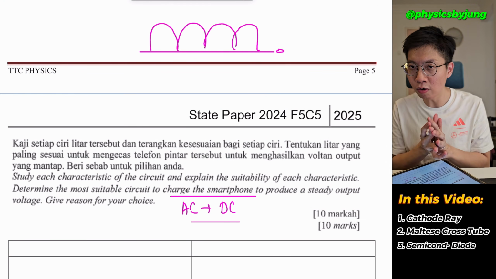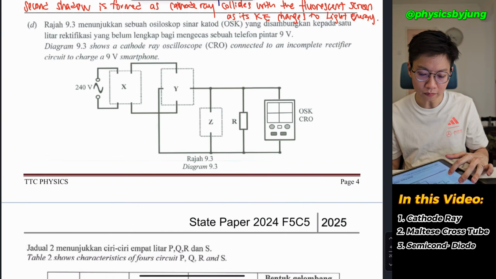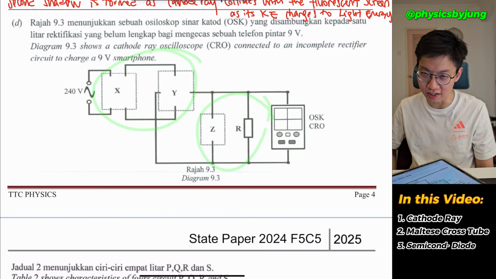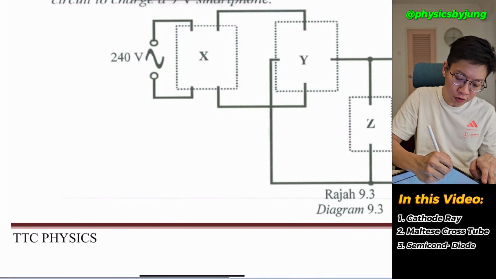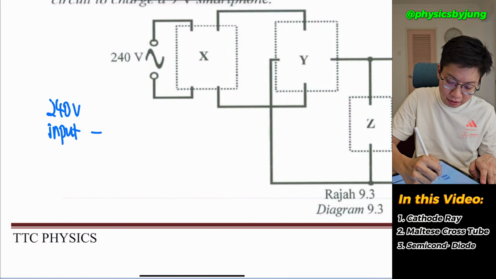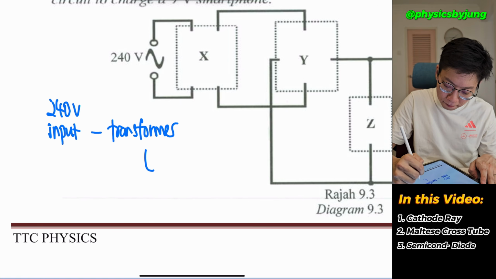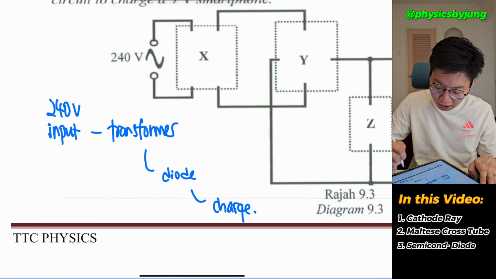So one more thing, just in case if they ask you, do you put transformer first or diode first? So obviously, okay guys, remember, your input of your 240 volts, it is always transformer first, then go into your diode, then you charge.